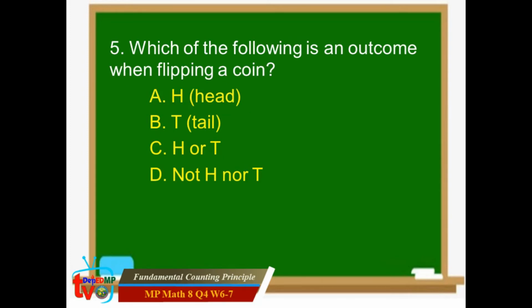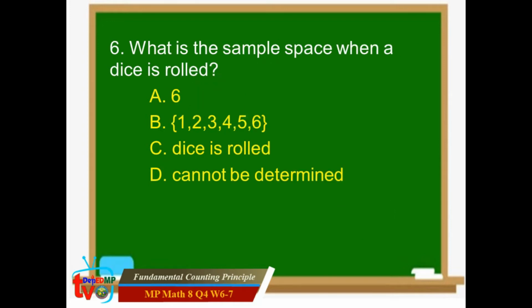5. Which of the following is an outcome when flipping a coin? A. Head. B. Tail. C. Head or tail. D. Not head nor tail. 6. What is the sample space when a dice is rolled? A. 6. B. 1, 2, 3, 4, 5, 6.